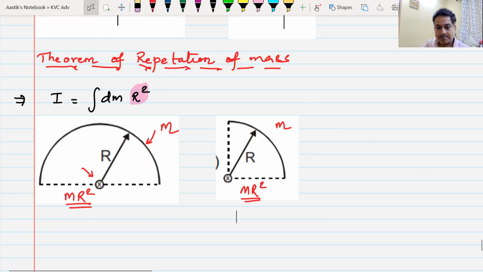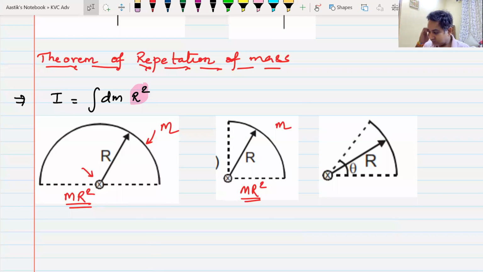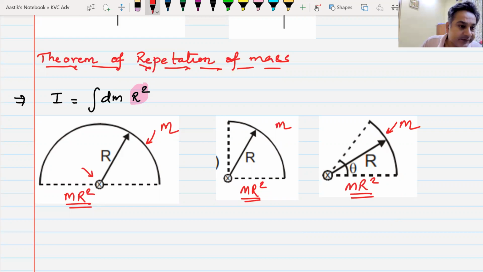If you have any arc of the circle, mass of the arc of the circle is m, about the central axis, the moment of inertia is going to be mr square.